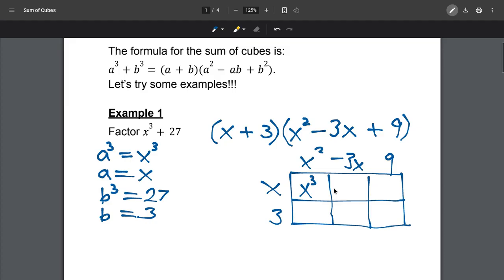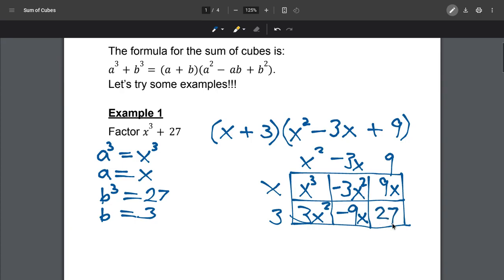X times negative 3x is negative 3x squared. X times 9 is 9x. X squared times 3 is 3x squared. 3 times negative 3x is negative 9x. And then 3 times 9 is 27.